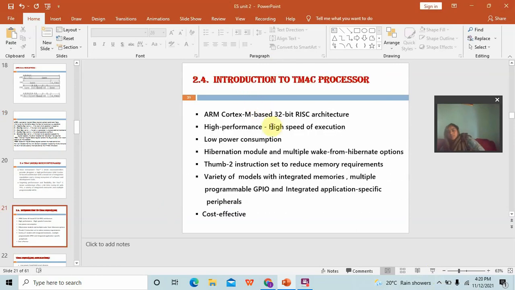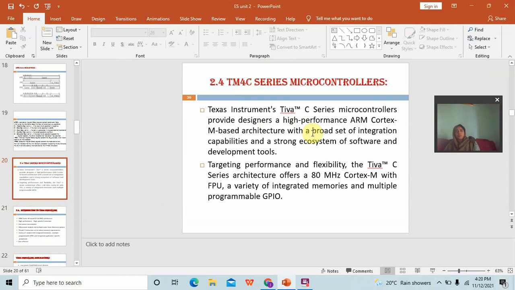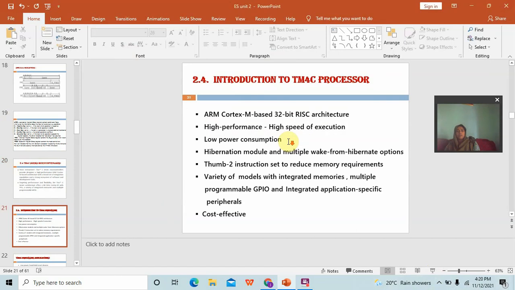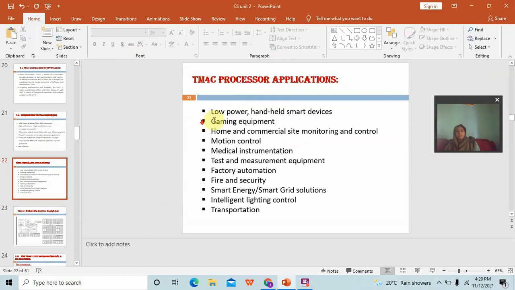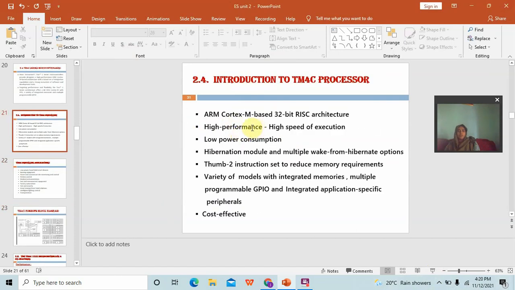In this class I am going to explain about the TM4C processor. TM4C is from Texas Instruments. It is an ARM based processor, an ARM Cortex M based 32-bit RISC processor, built for high performance.